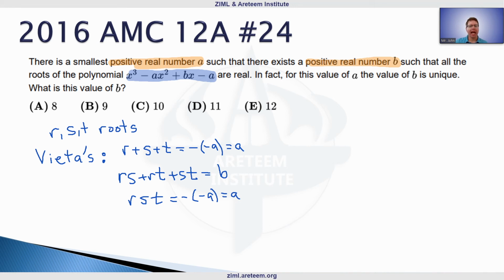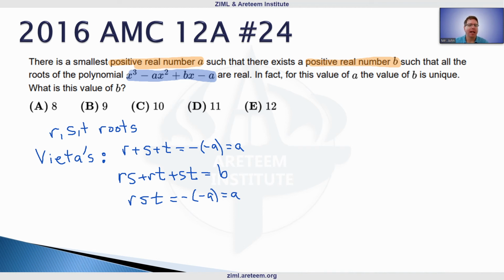So we have this kind of special thing that we're looking at here, right? The sum of the roots is a, and the product of the roots is a there.